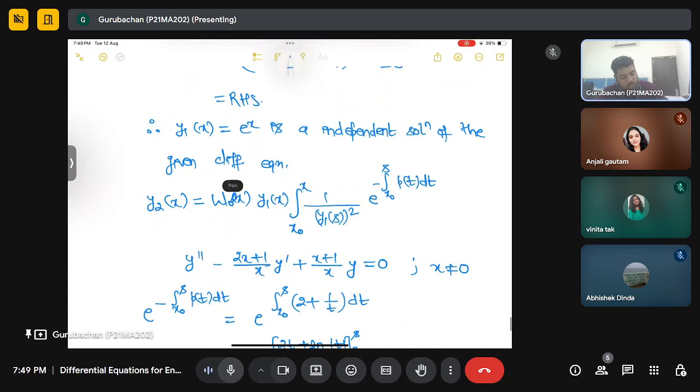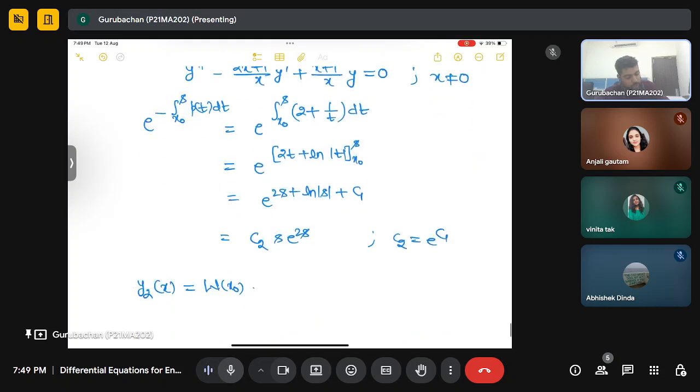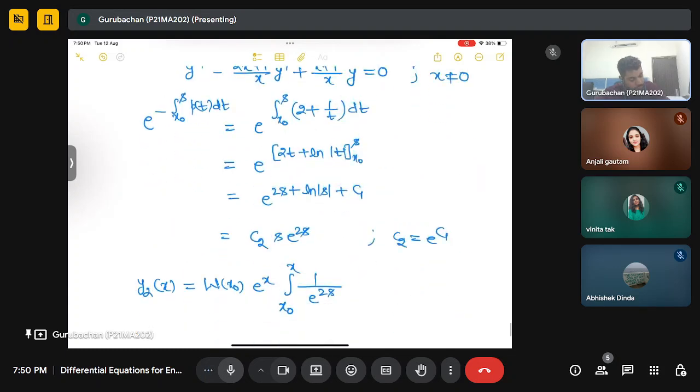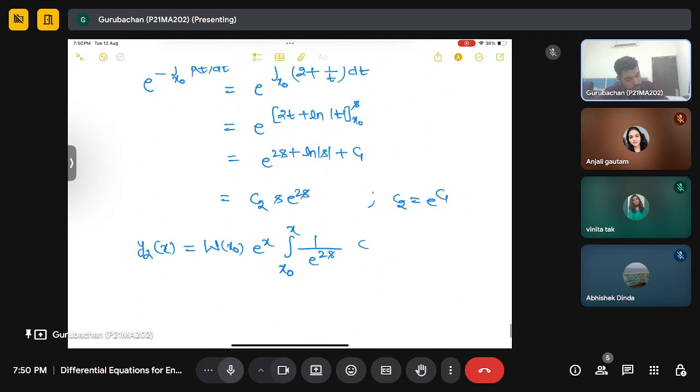So my this w naught x is a notation which means w at x naught, into e to the power x, integration from x naught to x, 1 by y1(s) square. y1(s) is e to the power s, so it will be e to the power 2s, and this integration has come out to c2 times s e to the power 2s ds.